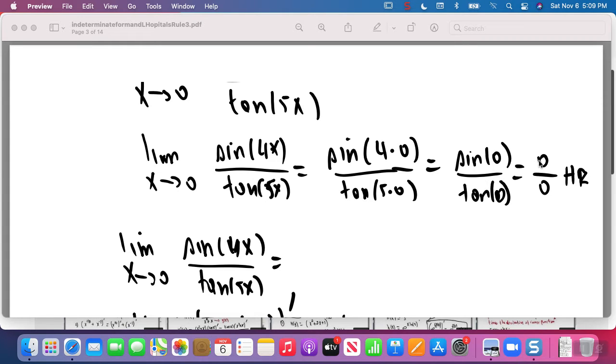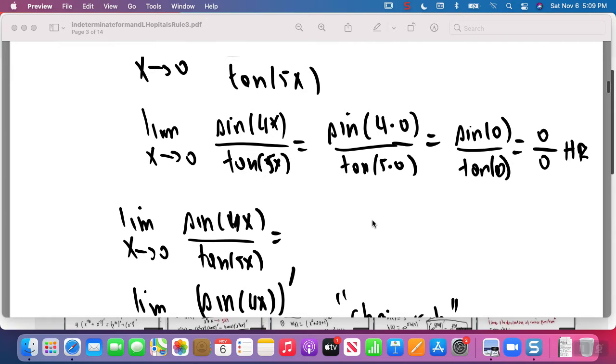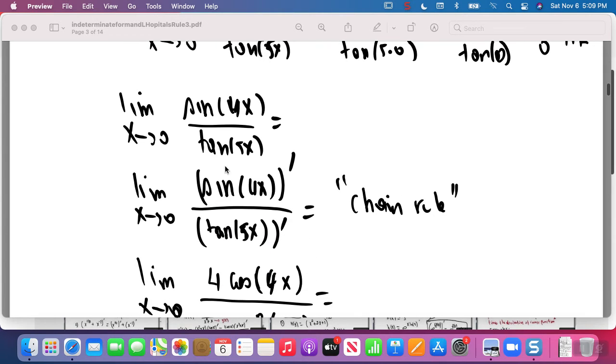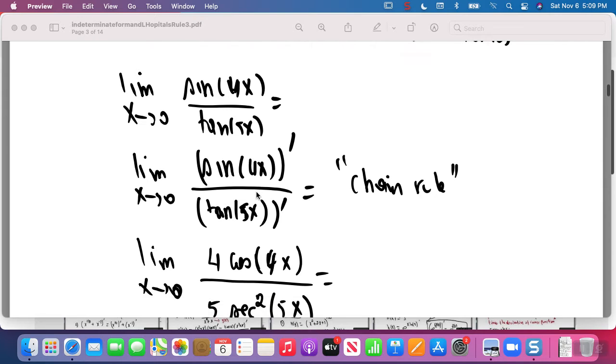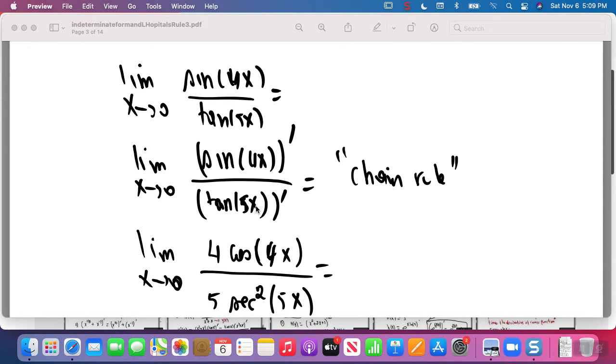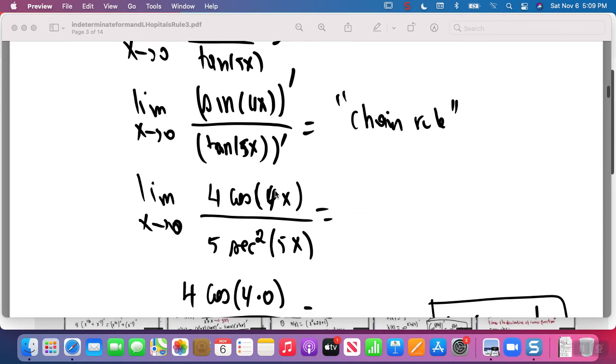Sine of 0 is 0, tangent of 0 is 0. So we get 0 over 0, which is, HR stands for L'Hopital's rule. So we have the green light to use L'Hopital's rule. L'Hopital's rule says to take the derivative of the numerator divided by the derivative of the denominator, and then take the limit of that quotient of derivatives.